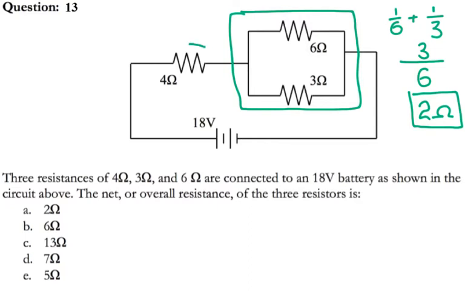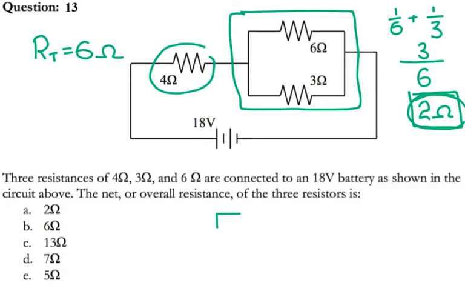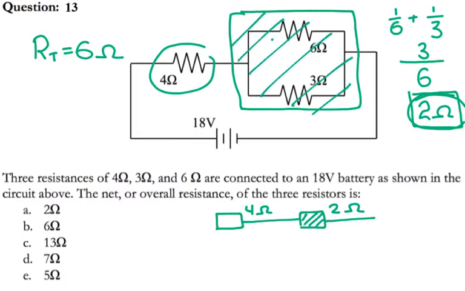And then I have a 4 ohm resistor and a 2 ohm resistor. The total resistance of the circuit is 6 ohms, because I can rewrite it as a 4 ohm resistor, then a 2 ohm resistor, the one that I just calculated with 1 over the result flipped over, and then I have the battery of 18 volts.